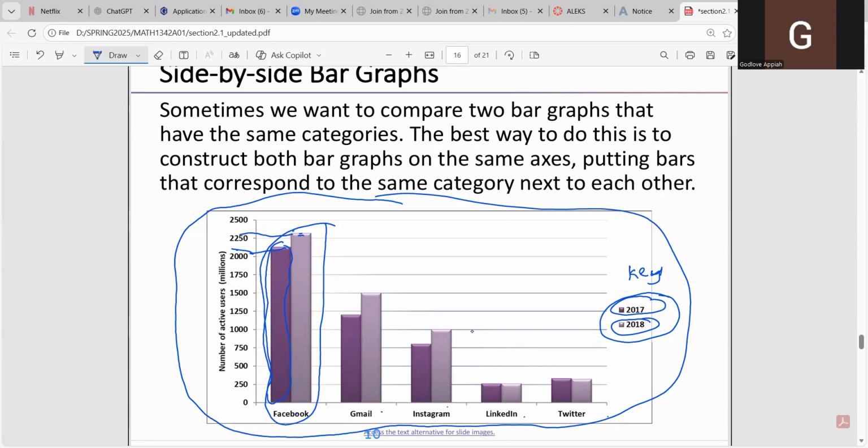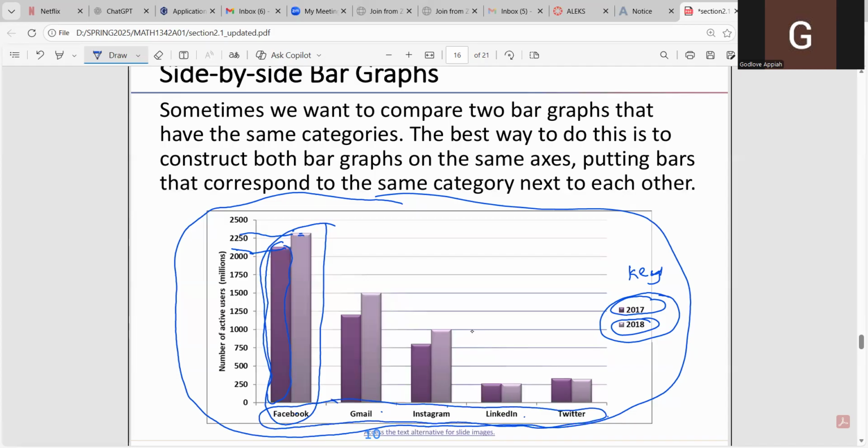Here we can easily compare the data sets in 2017 and 2018 because we have put them together on the same graph. This graph allows us to easily compare two or more data sets that have the same categories. The categories are the same for each year, the same social media platforms in both years.